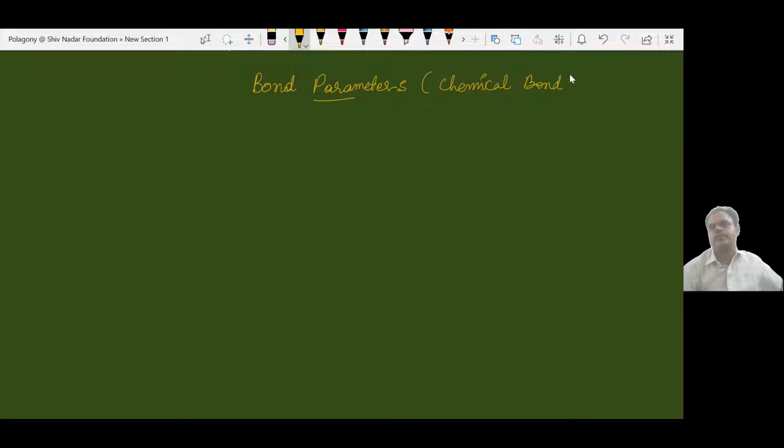So what are the bond parameters, and what do they explain about chemical bonding? Bond parameters are nothing but characteristics, properties of the covalent bond especially.